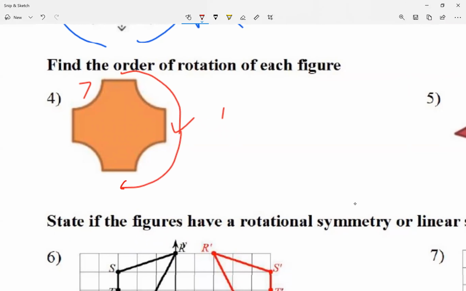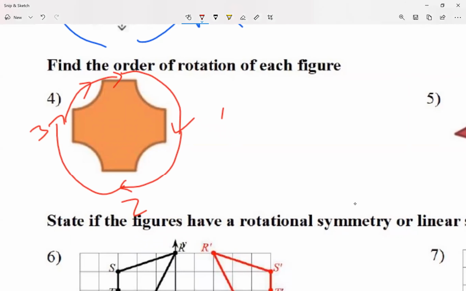I rotated 90 degrees again, and I get the second time. Keep on rotating, third time, and then 4 times. It says find the order of rotation of each figure. If you were to rotate, like literally flip this over around a complete circle, how many times do you happen to see the same picture? My answer in this case is 4. I happen to see it 4 times.